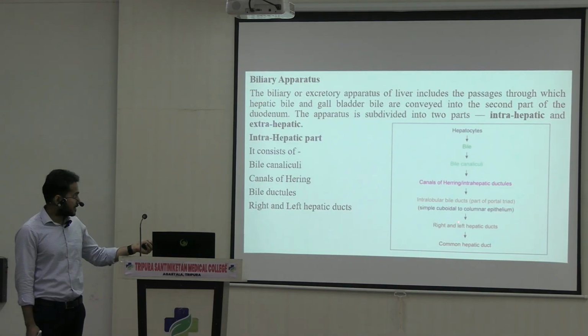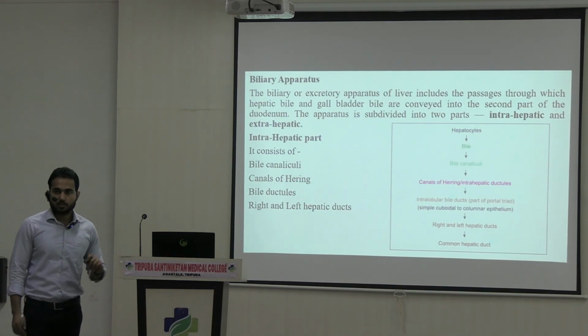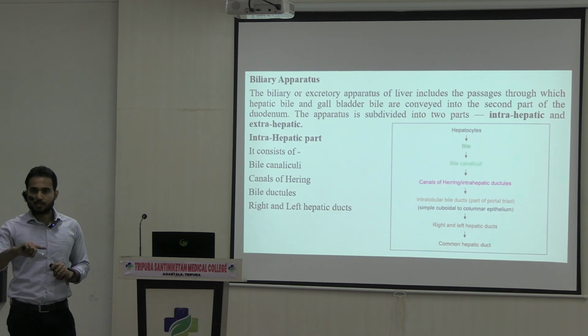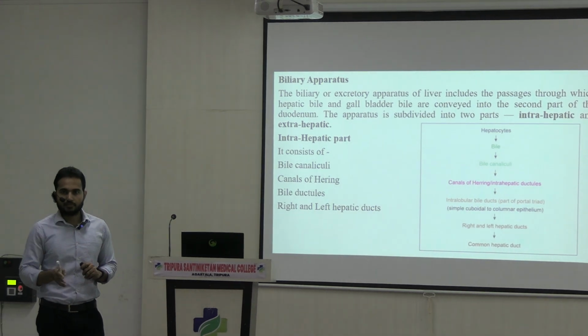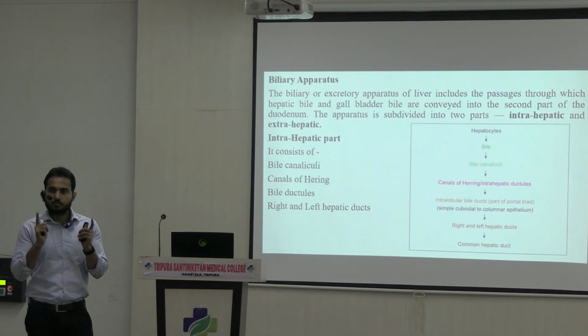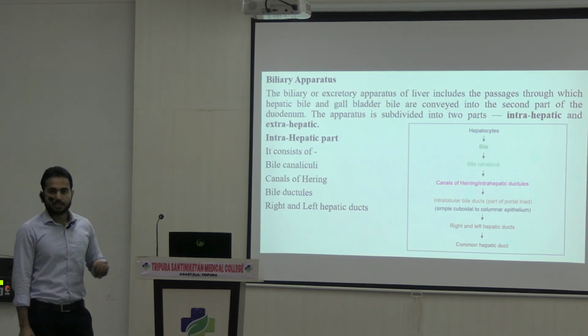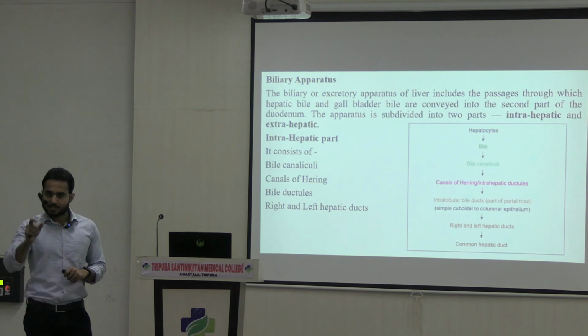You know that mainly two lobes are there in the liver, the right lobe and the left lobe, divided by the falciform ligament. So from the right lobe and left lobe, two ducts are coming out. That is the right and left hepatic ducts. Once they come out, that part is the extrahepatic.